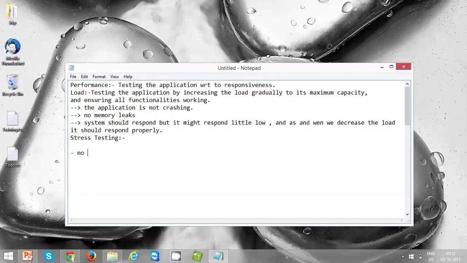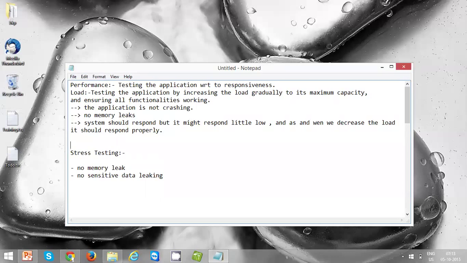No memory leak during that process, and no sensitive data leaking, this is very important. Increasing the load beyond its maximum capacity until it crashes, and making sure it is not leaking memory or sensitive data is stress testing.